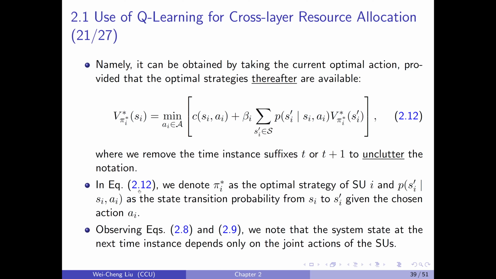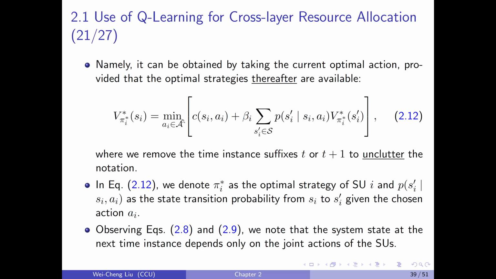In equation 2.12, that is this equation, we denote pi i star as the optimal strategy of secondary user i, and v star is the optimal value function of Si, and is equal to the minimum. The minimum is taken over all possible Ai, where Ai is the action taken by secondary user i, which is in the set capital A.